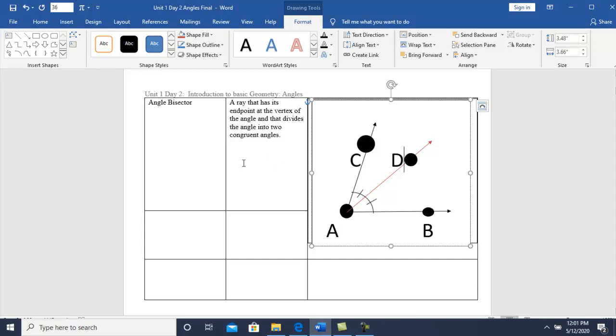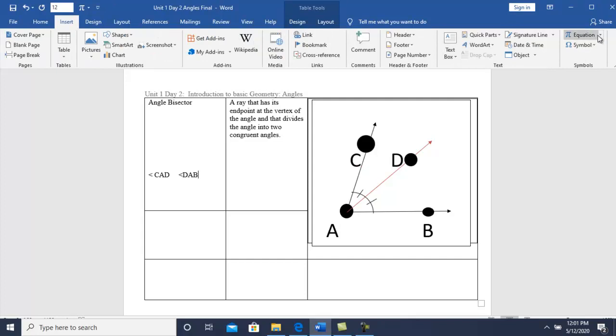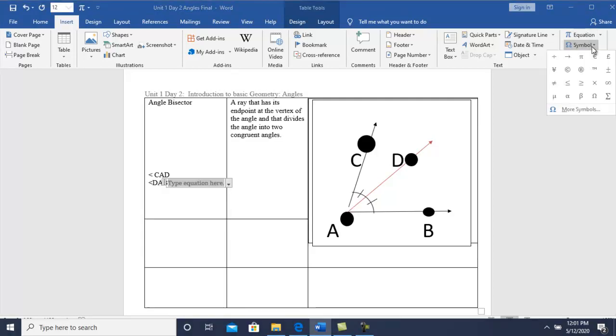All right, so what happens now is that you're going to have two angles that are congruent to each other. So we can say that angle CAD is going to be congruent to angle DAB. So those are two. And remember, we got to insert a symbol. I don't know if we have the congruent symbol available.